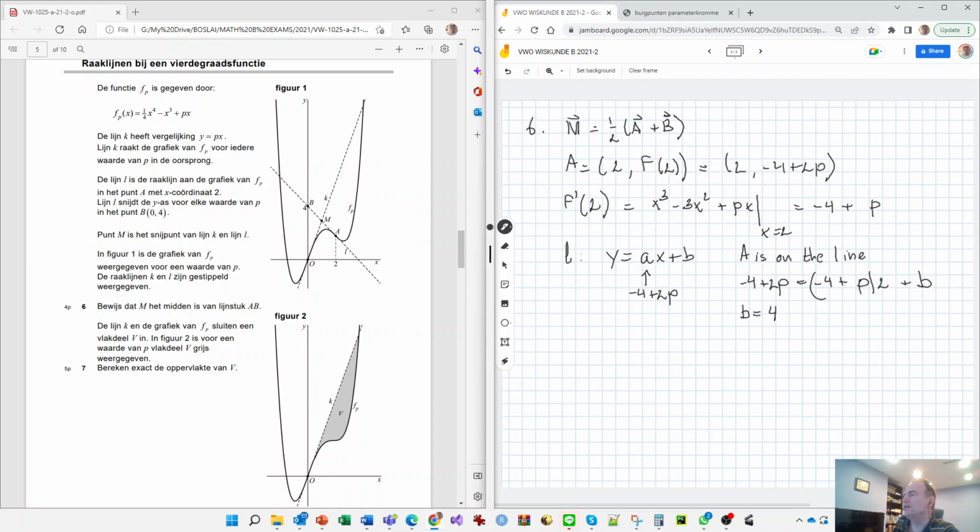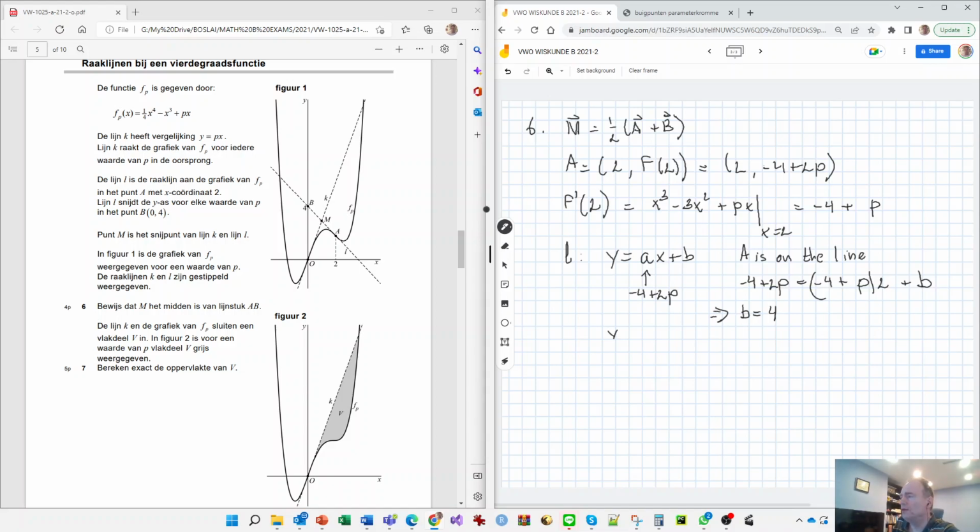And actually the reason that I know that I made some mistake is I don't want B to depend on p, because I already know that B is given by 0, 4, which doesn't depend on p. So now what happens, I bring the terms of p to the left, then the x drops, so you get just b is equal to 4.